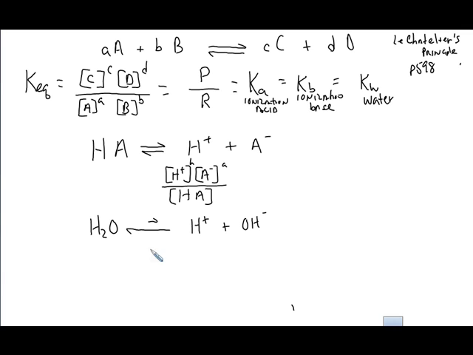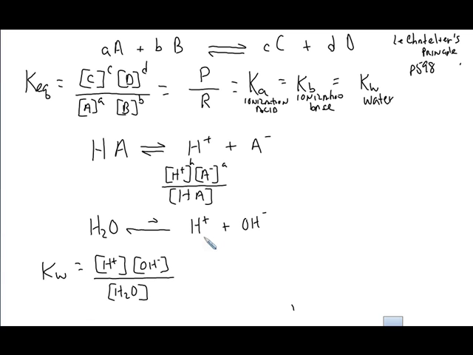So if we look at the KW here, it's going to equal what? The molar concentration of the hydrogen ion multiplied by the molar concentration of the hydroxide ion, divided by the molar concentration of the water that did not dissociate, right? Piece of cake, right?